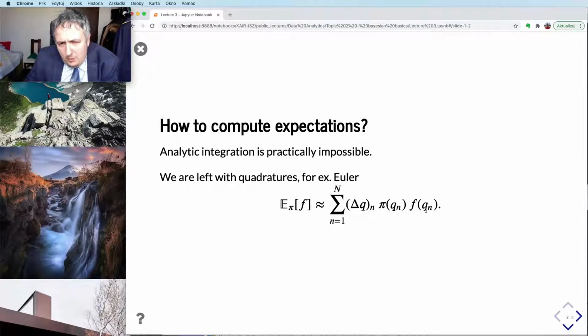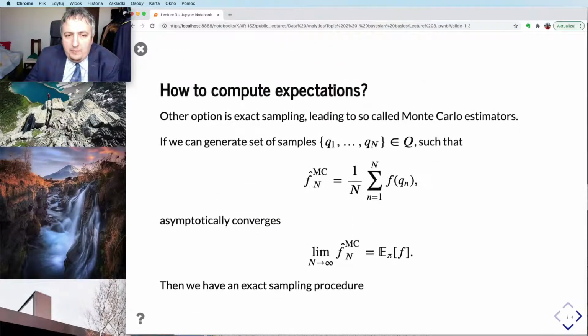So the most basic quadrature, not very efficient. There are more efficient ways, but we won't be discussing them here, because generally quadratures are problematic outside of one dimension. If there are multiple dimensions, quadratures are problematic anyway.